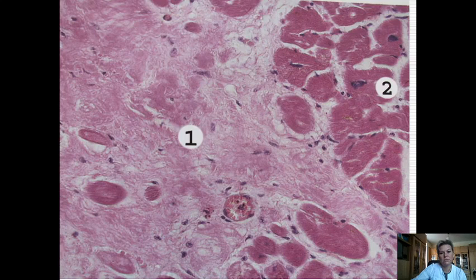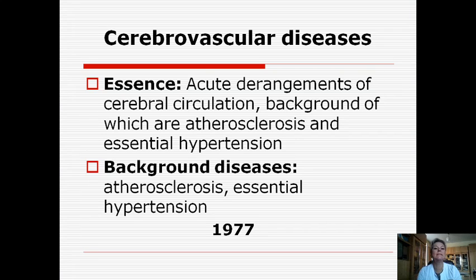Number 1 is sclerosis. Number 2, muscle cardiomyocytes.